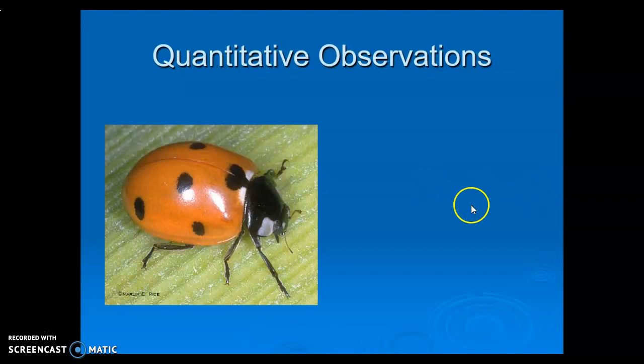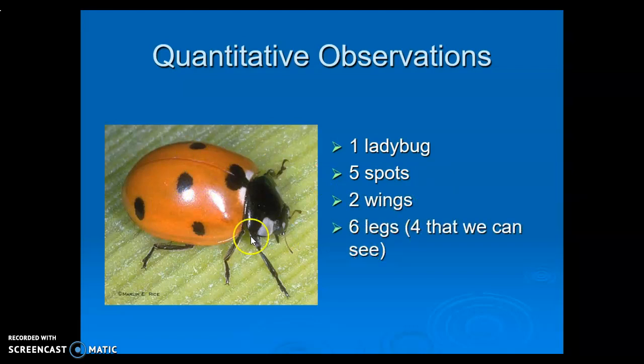And then we're going to take a picture of a ladybug and we're going to do quantitative observations. So there is one ladybug. She has 5 spots, 2 wings, 6 legs, even though we can only see 4, and 2 antennae. And those are all quantitative because they all have numbers.